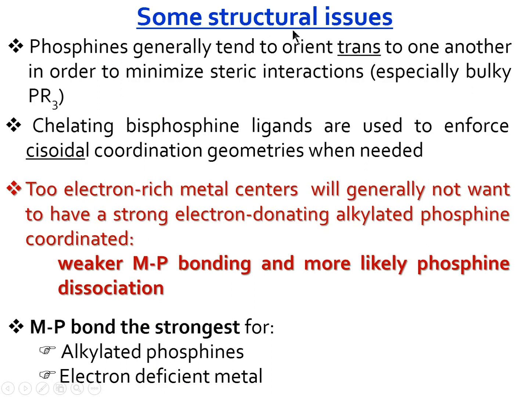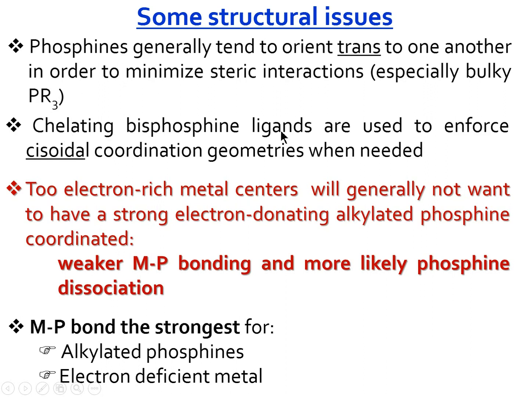Some structural issues about phosphines. When we have two phosphines in a complex, they tend to be trans to one another in order to minimize the steric interactions, especially for bulky phosphines.